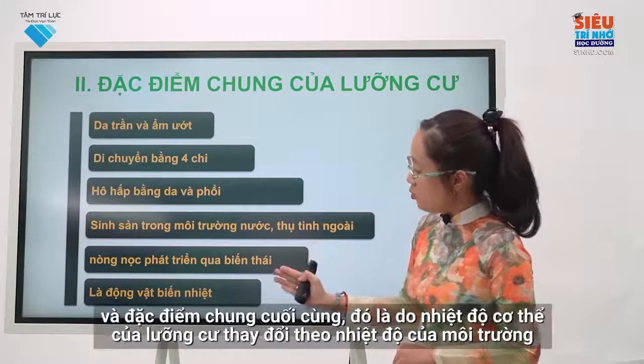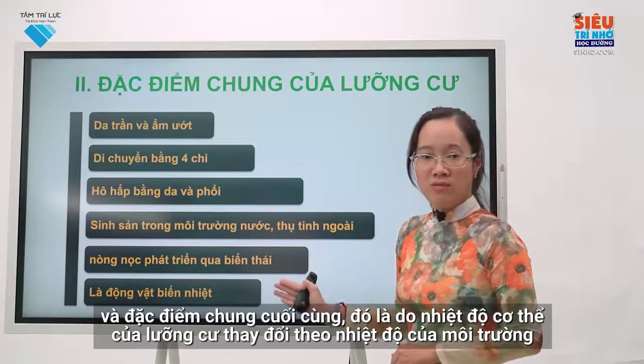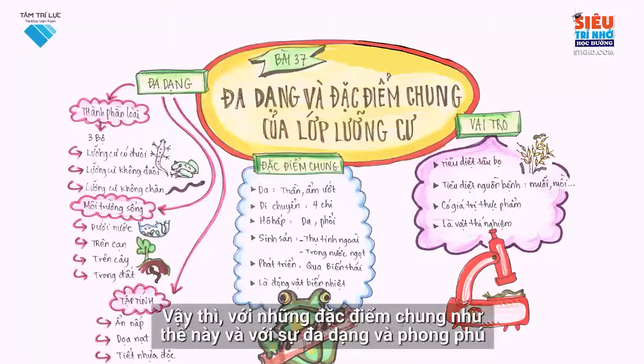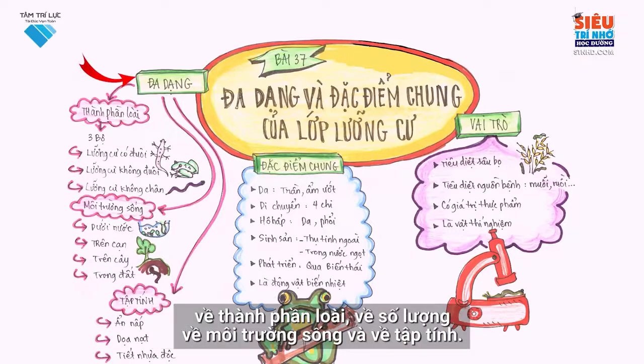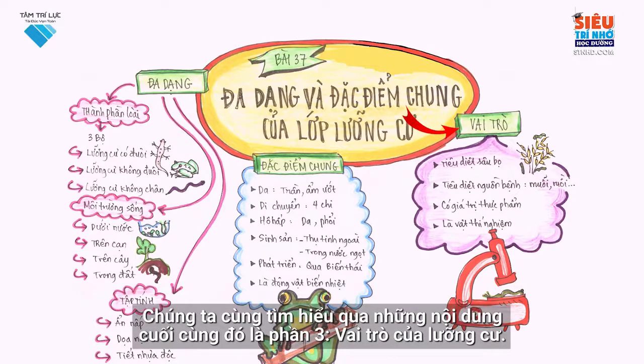And the last general characteristic is that because the body temperature of amphibians changes with the temperature of the environment, amphibians are called ectothermal animals. So, with general characteristics like these, and with the diversity and richness of species composition in terms of quantity, habitat, and behavior, what roles do amphibians play in human life? Let's find out through the final part, part 3, the role of amphibians.